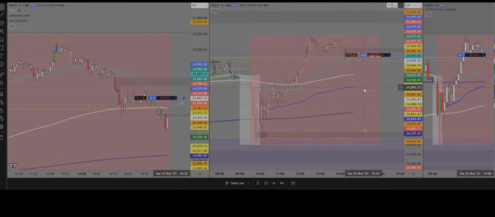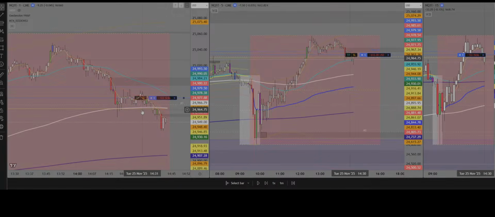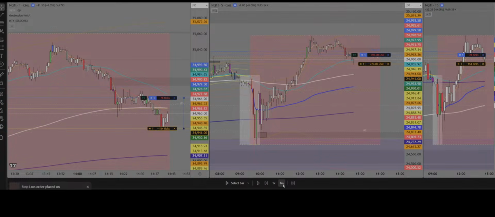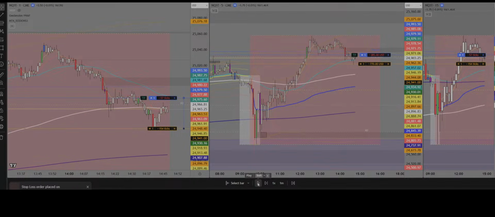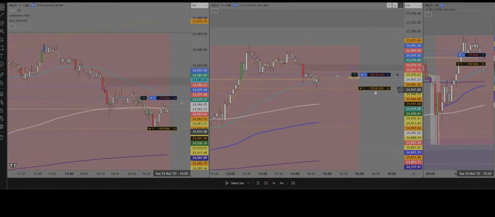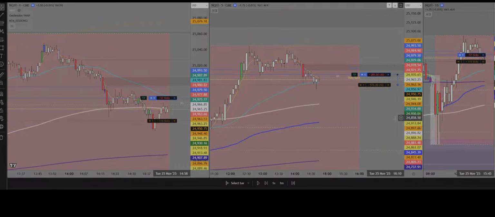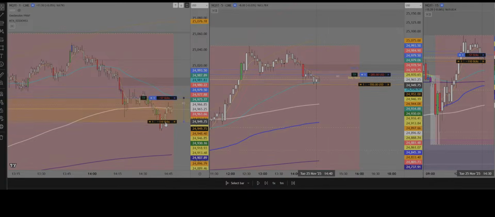Notice how far we are from the VWAP. We're back on the 50, on the 5. This would have to turn around really quick. Yeah, this would have to hold the 50. I don't know why it only lets me do this on here.